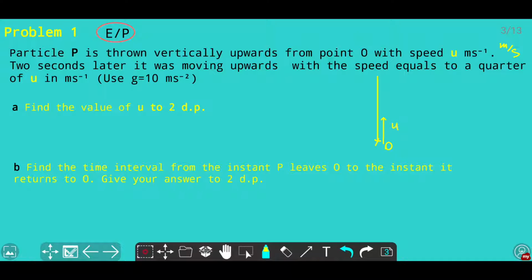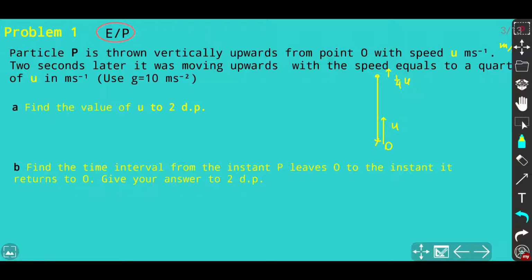After 2 seconds it reached this point, for example, and here it had a velocity of a quarter of u. So I put a small vector here and mark this as 1/4 of u, and still upwards, right? It was moving upwards according to the words. So we need to figure out the value of u to 2 decimal places.